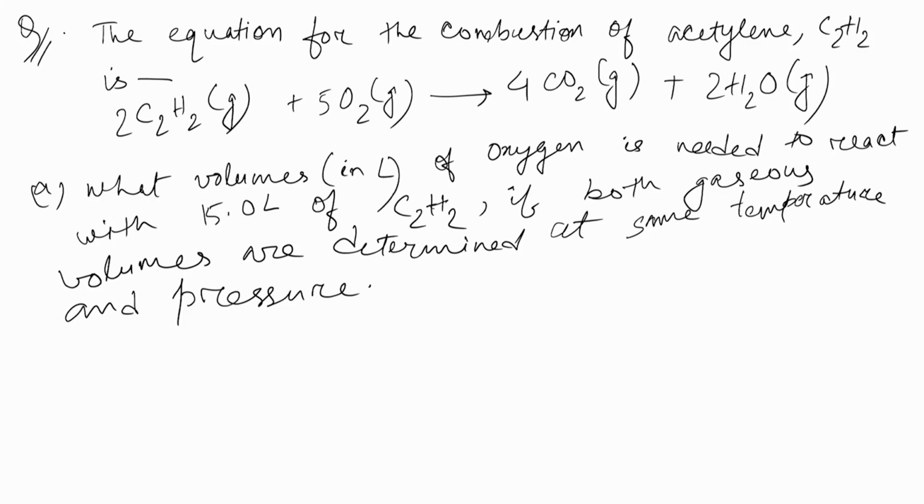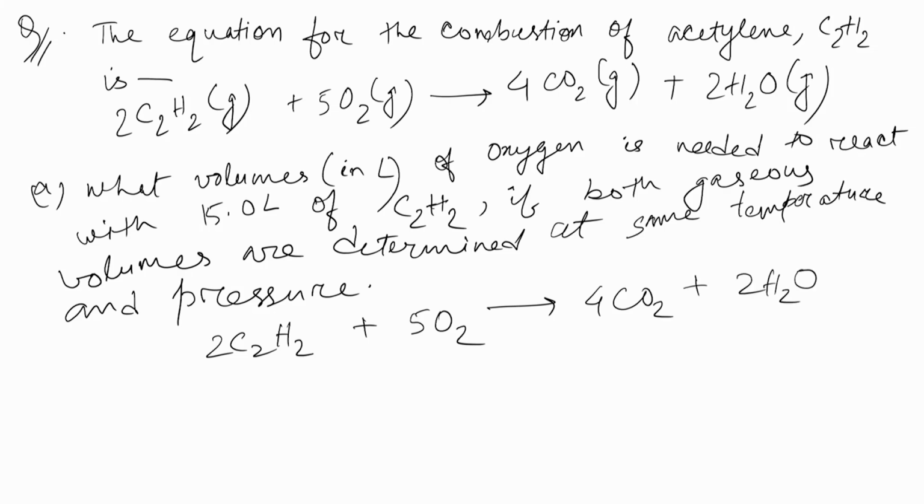So, if we write the reaction again in a fresh way, 2 volumes of acetylene react with 5 volumes of oxygen to give 4 volumes of carbon dioxide and 2 volumes of water.